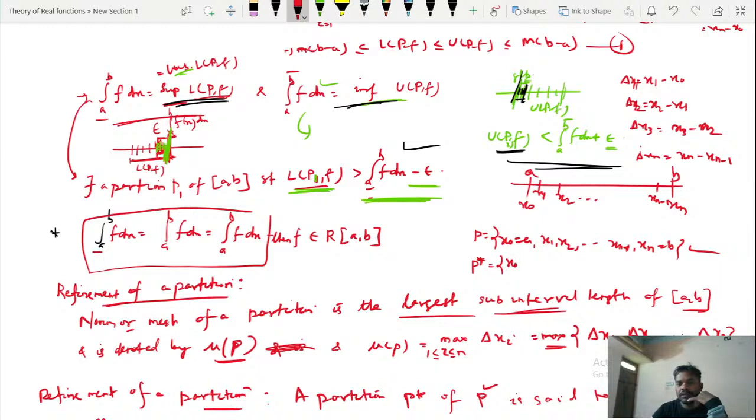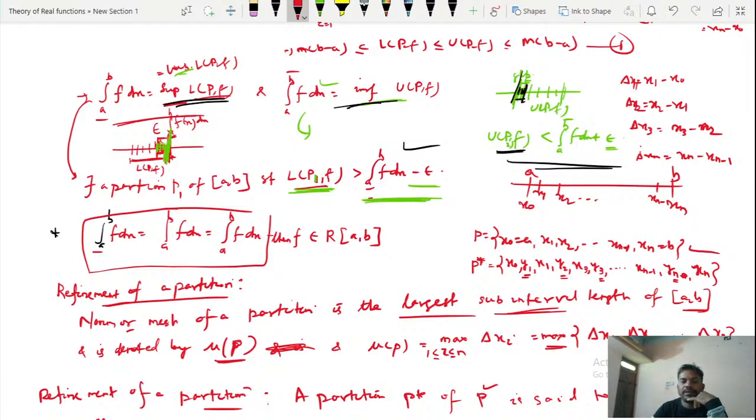Like, x0 is here, I write y1, then x1 is here, I write y2, then x3, then y3, and similarly xn minus 1, then yn, then xn. I just added some new points like y1, y2, y3, yn.